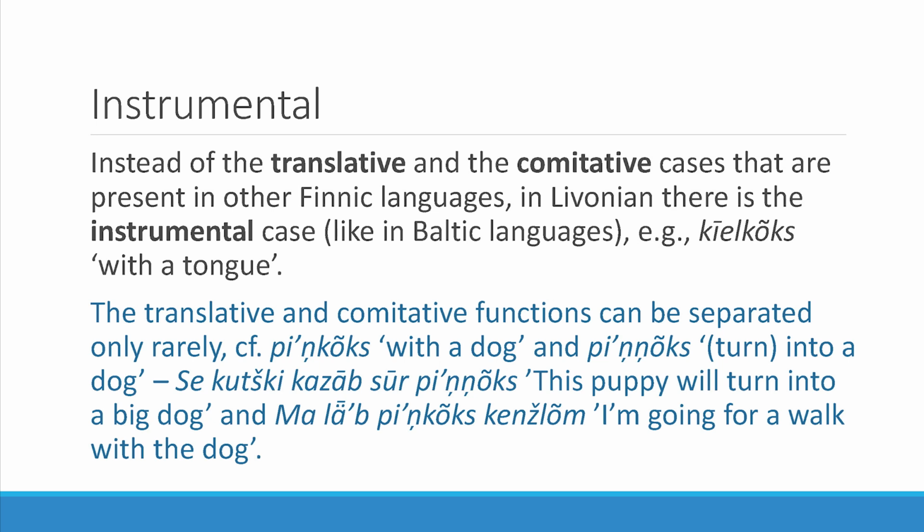So in Livonian, while in other Finnic languages these translative and commutative cases are present and separated, in Livonian there is the instrumental case for that. And it's also similar to that of Baltic languages. So for example, with a tongue, it's kielkõks.